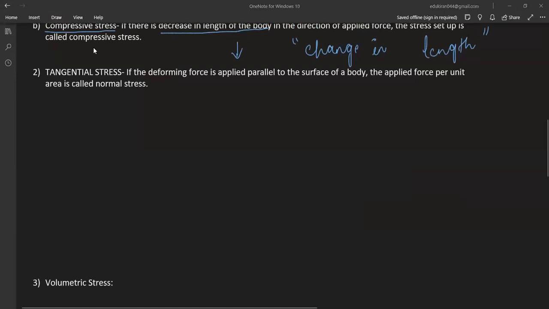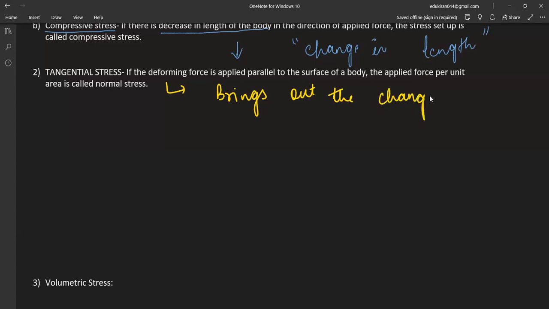Now see class, the second one is tangential stress. Tangential stress basically brings out the change in shape.